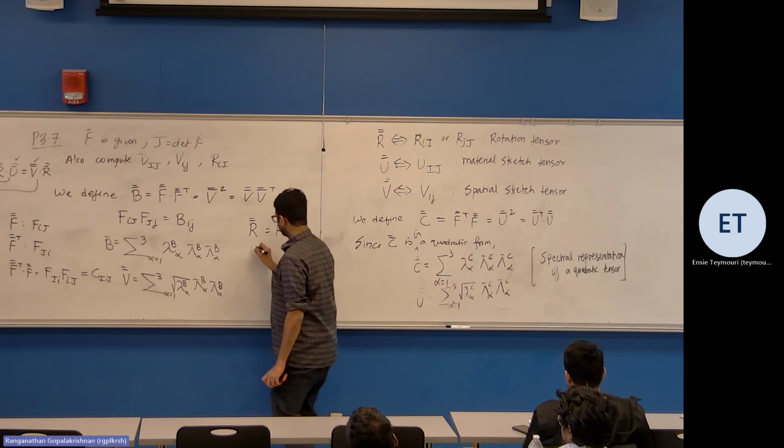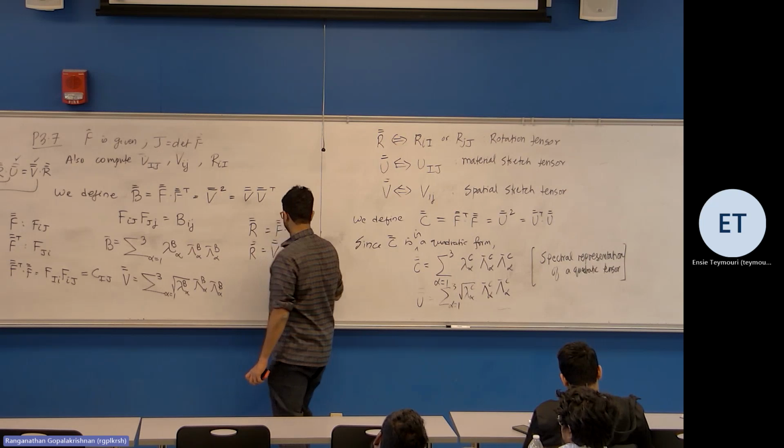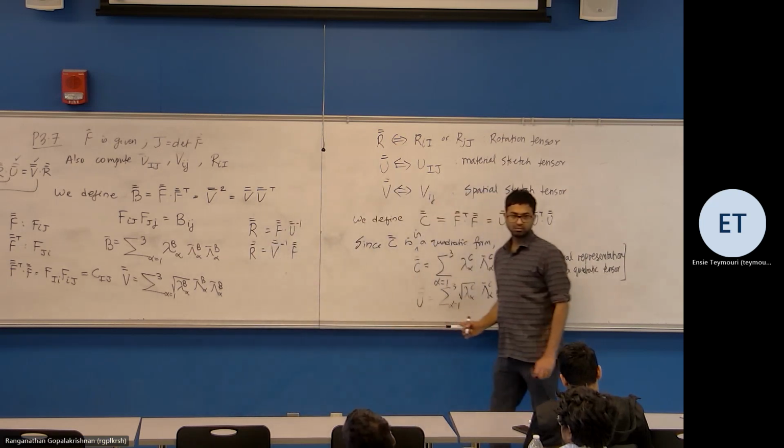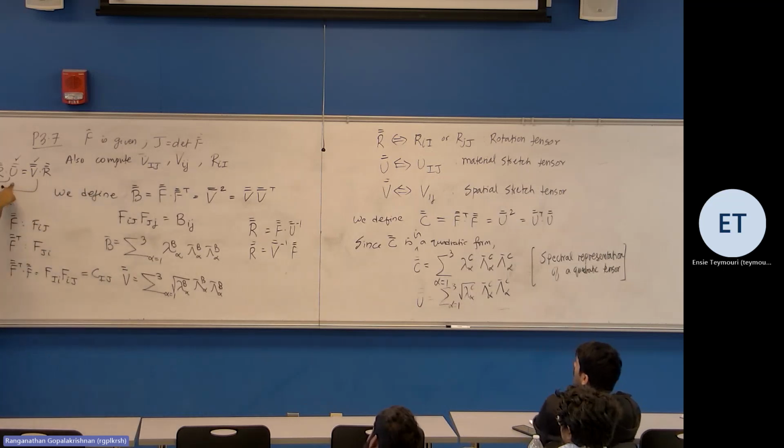You can also do R is equal to V inverse dot F. I'm just taking the first relation, multiplying both sides by U inverse, and the second relation, multiplying both sides by V inverse, but in the forward direction.